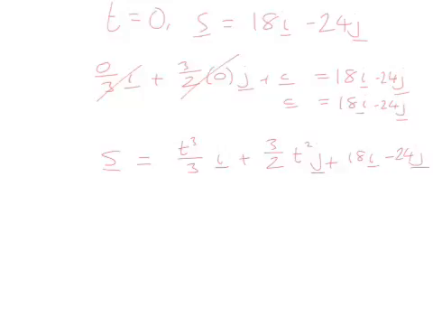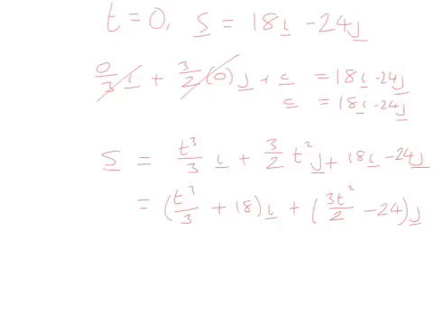If we bring the i and j components together, then we're really going to have t cubed over 3 plus 18, that's our i component, plus 3t squared over 2 minus 24, and that's our j component.